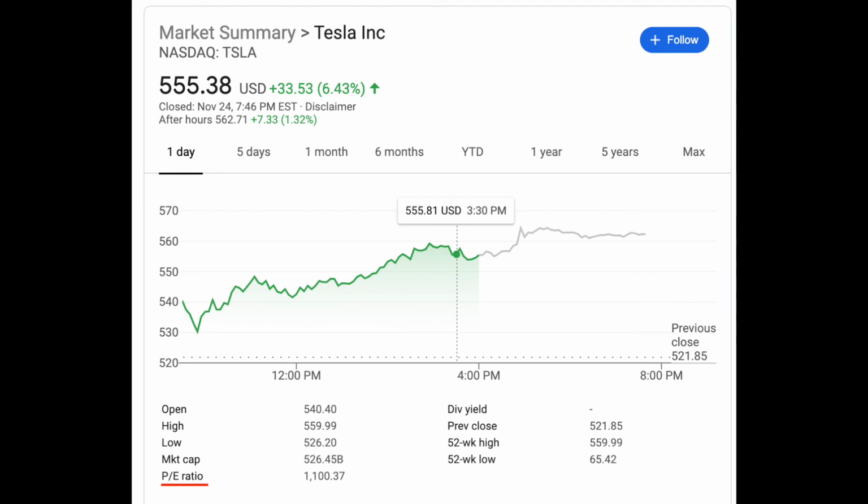It's not just because one is overvalued or undervalued, that might be the case, but the reason Tesla's is higher is because investors are driving the price up because they expect that future earnings per share with Tesla are going to be higher than future earnings per share on GM. Now, the fact that it is over 1,000 leads you to see that it's potentially overvalued. But if you're just comparing the two, just because GM's is lower than Tesla's doesn't mean GM's a better buy.